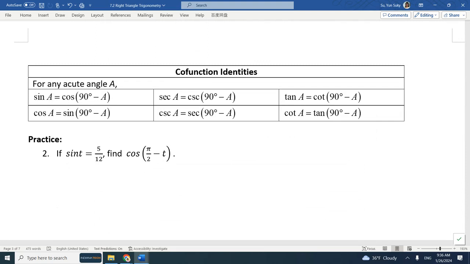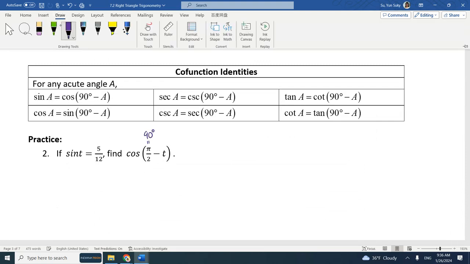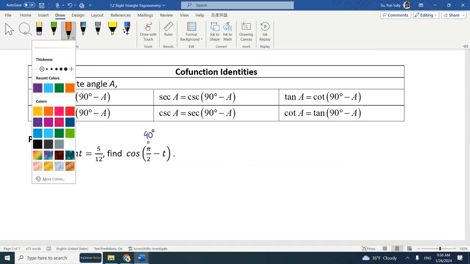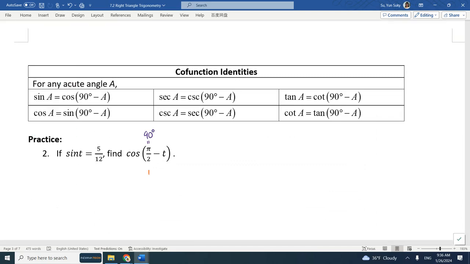So let's continue. Practice. If sine t is 5 over 12, what is cosine of pi over 2 minus t? By the way, what is pi over 2? 90. So this is 90 degrees. Let me get back my orange color. So cosine of 90 degrees minus t is the same as sine t.